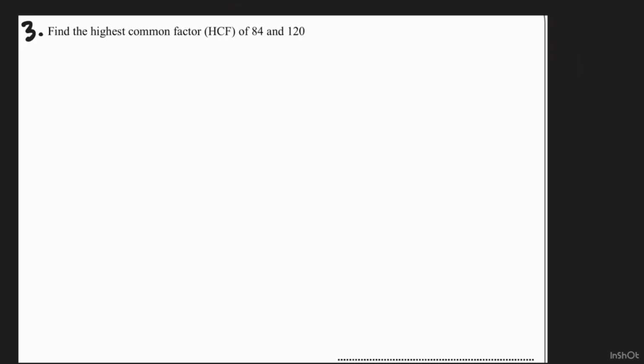Now we have an exam question here, and it's asking us for the highest common factor. The first thing we do with these questions is once again draw the grid and write 84 and 120. Those are the two numbers they gave us. Now we have to think what prime numbers go into 84 and 120.